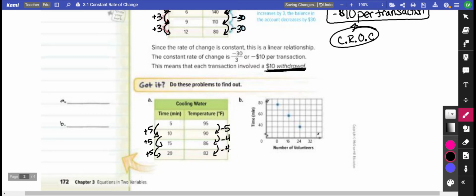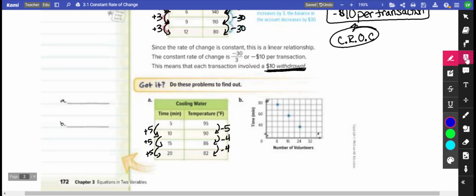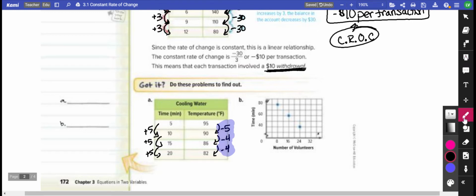Well, because all of these are not the same, we go negative 5, negative 4, negative 4. That means that this does not have a constant rate of change. So, no, there is no constant rate of change.